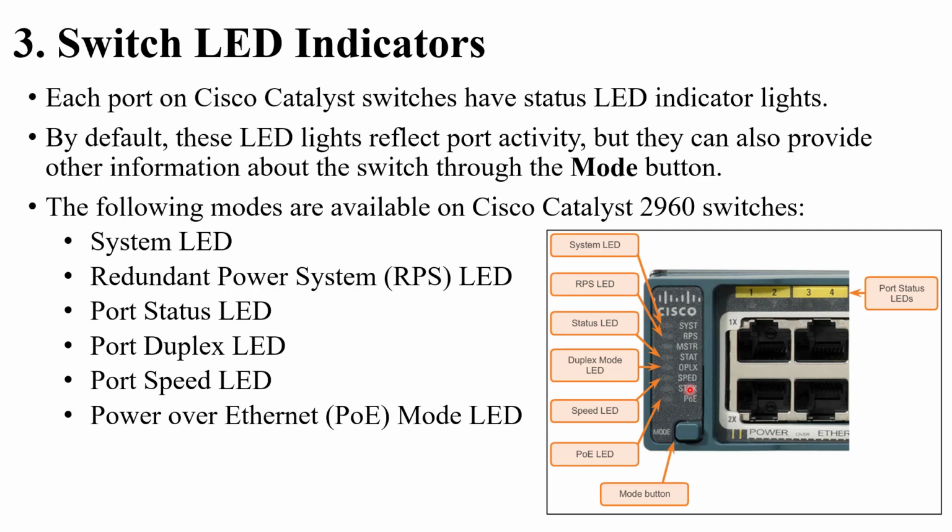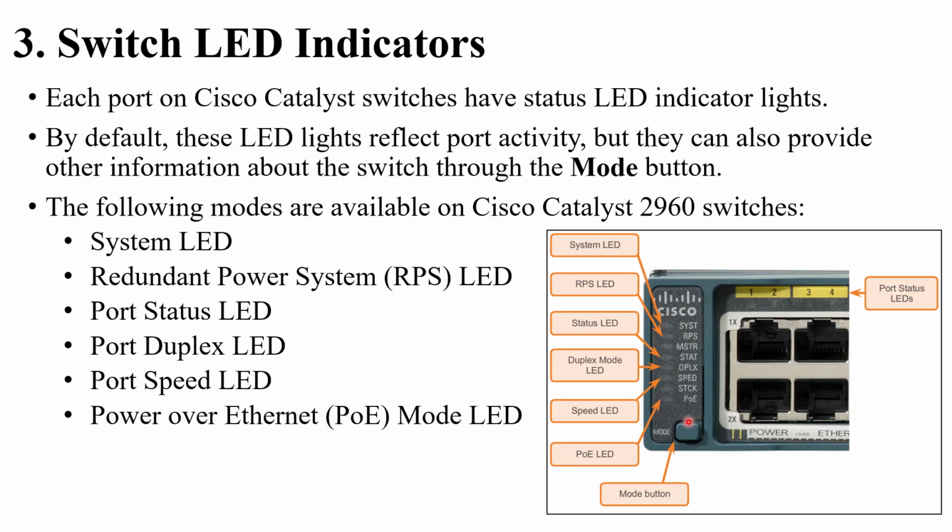Now, what does that mean? There are plenty of LEDs available. You can see here, the first one is the system LED. Then the next one is the RPS LED. Then port status LED, port duplex LED, port speed LED, then Power over Ethernet LEDs. So these are all different types of LED lights.